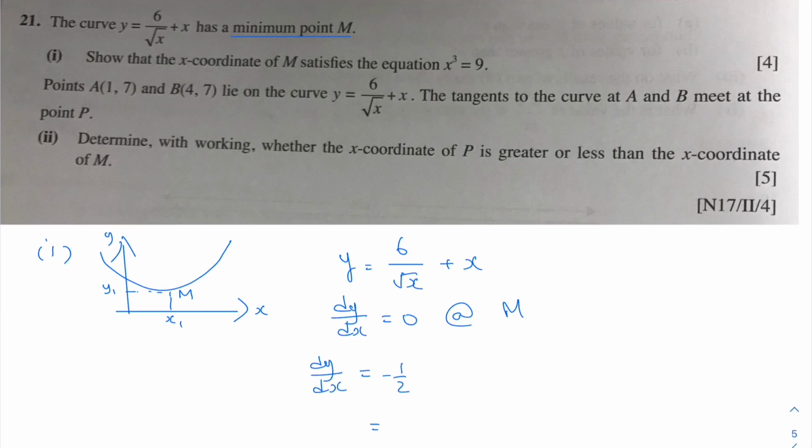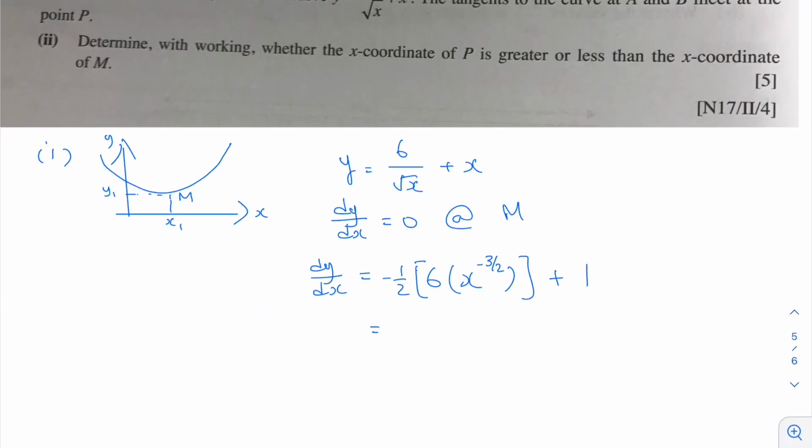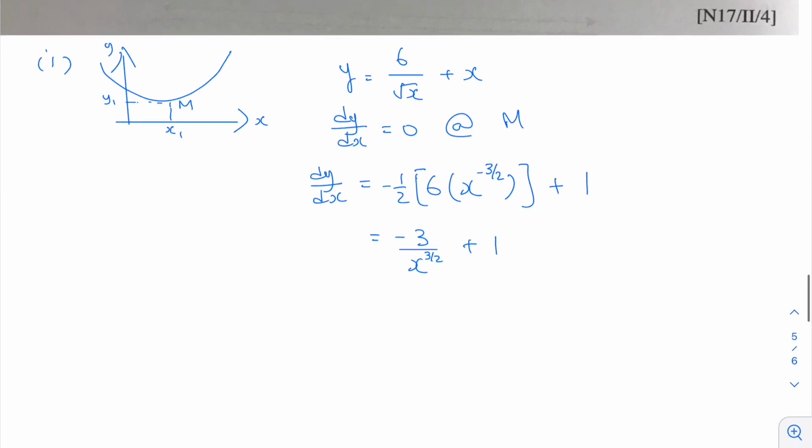We differentiate, we get negative half times 6, and this is x to the power negative half minus 1, which is negative 3 over 2, then plus 1. That works out to be x to the power of negative 3 over 2 plus 1. So at M, dy/dx is 0.